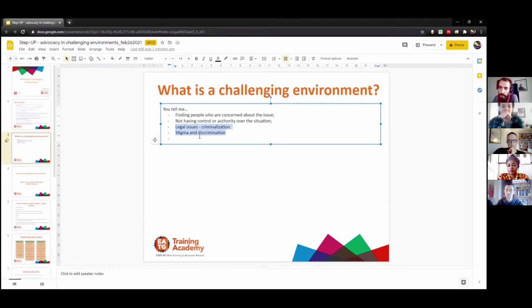Political decisions are based on votes or on money, period. Usually both of them aligned. And so issues of stigma and discrimination, which link mostly to the way that society sees certain behaviors or certain groups of people, have an immense influence on the way that policy can or cannot change.